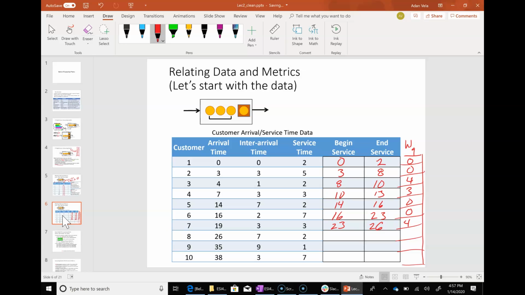You can imagine, if I gave you 100 customers or 1,000 customers or any number of customers, you could calculate the average time that people waited in line. So not only can we calculate the average service time or the average inter-arrival time, we can calculate meaningful statistics about how long they wait in line, or the maximum observed time in line.